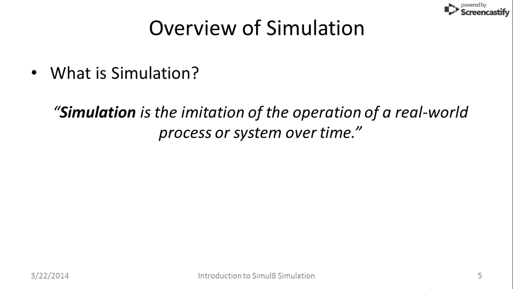So, we can imitate, we can replicate, we can model that system in a computer. Not necessarily a computer. You can actually use, like I said, a mannequin in a hospital to replicate that system over time.